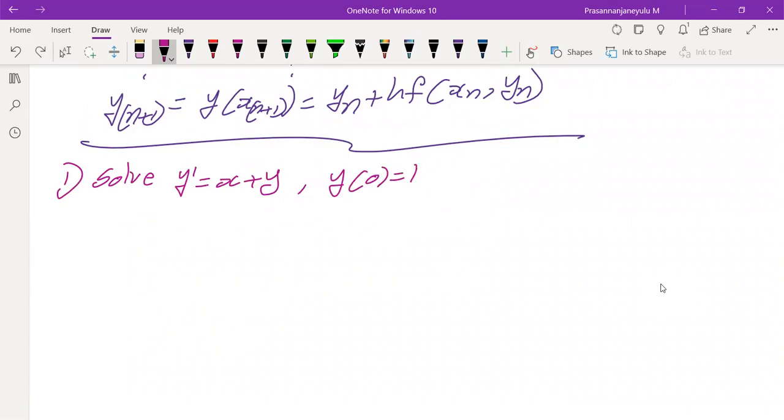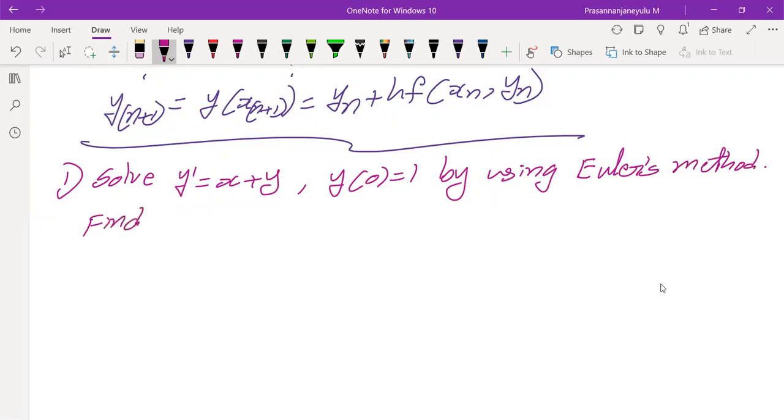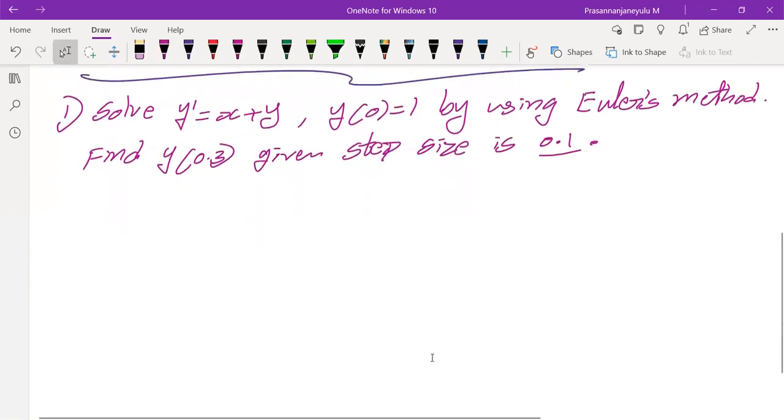Solve this using Euler's method and find y of 0.3, given the step size is 0.1. So they are providing the step size as 0.1. That is, h equals 0.1 is given to us indirectly.